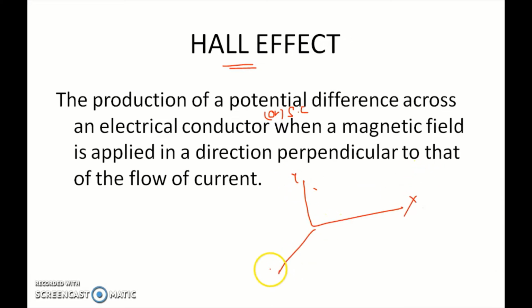Take the x, y and z axes. If I take one specimen here, and y is an axis, and the current is flowing in the x-axis direction, and I apply the magnetic field in the z-axis direction, that means the current flowing through this material, whether it is a metal or semiconductor, is in the x-axis and the applied magnetic field is in the z-axis.